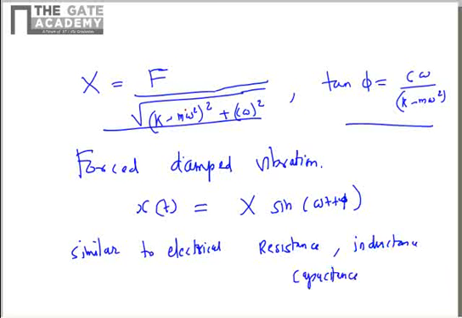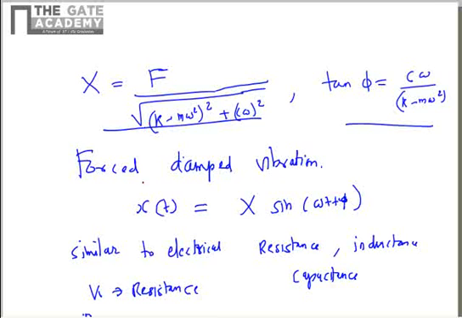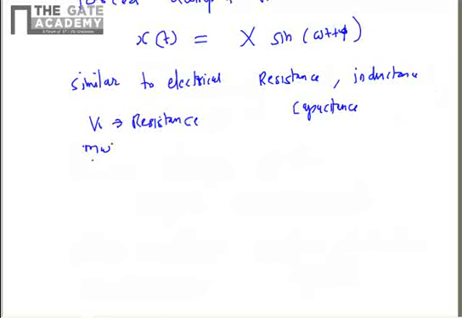So the resistance to the motion is something like k. k is similar to resistance because it resists the motion, it tries to bring it back to the original position, and the inertia, m omega square, is similar to inductance.